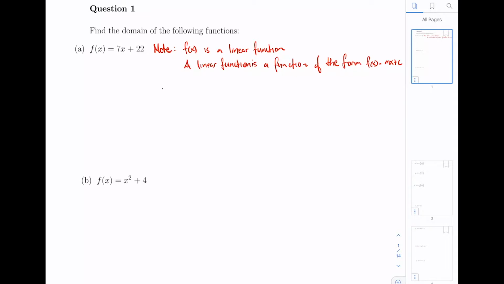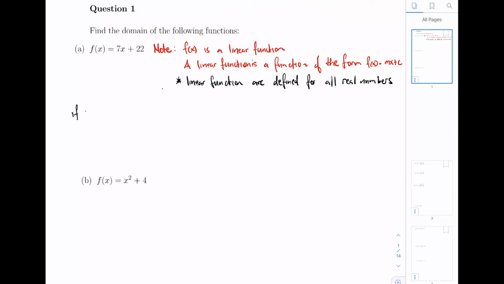So here we want to make a special note that linear functions are defined for all real numbers. Okay, so here we have no restrictions on our domain.